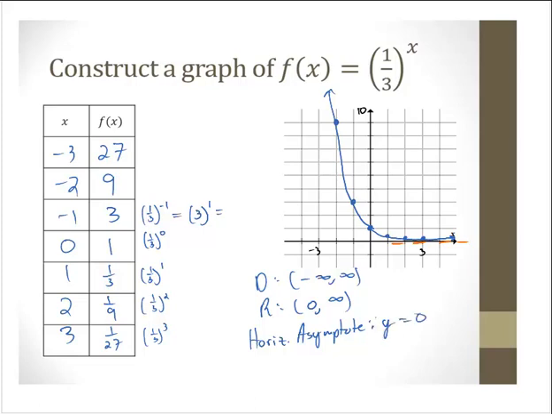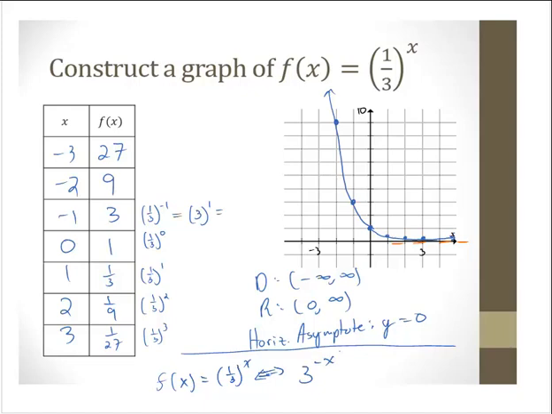Now, of course, I look at this graph and I see this as a transformation of the graph we had earlier. So notice that 1/3 to the x is the same thing as, is equivalent to 3 to the negative x.